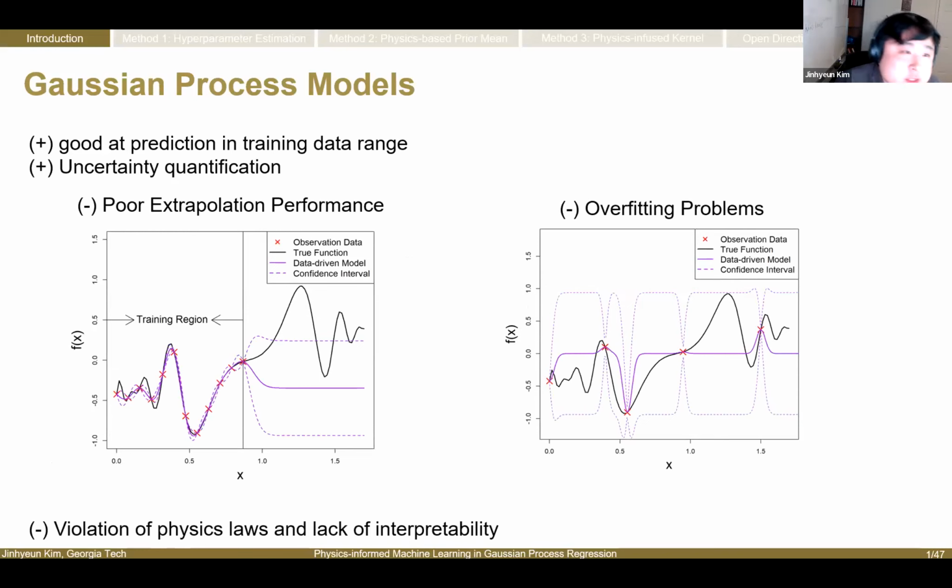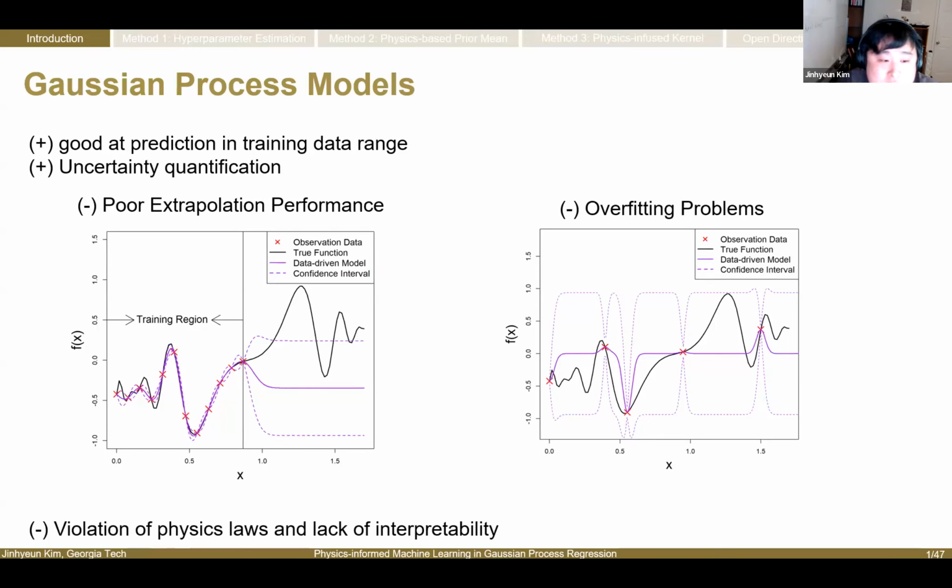Gaussian process models, like other machine learning models, are good at prediction within the training data range, and they have the advantage of quantifying uncertainty information. However, they do not have good extrapolation performance, or have overfitting problems with sparse training data sets.